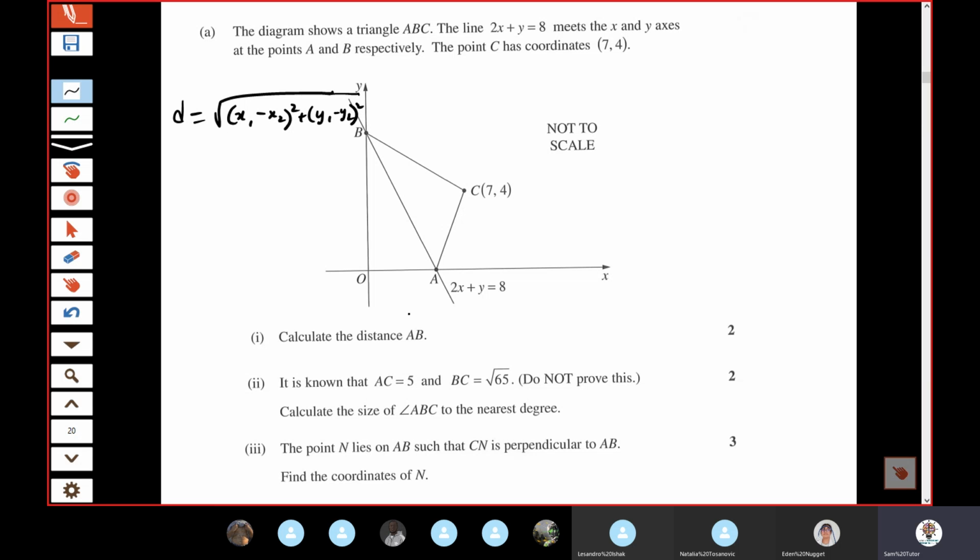You got to think of the X and Y intercepts.